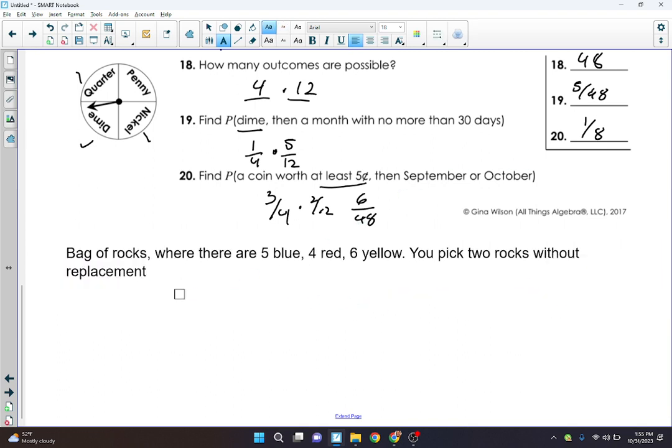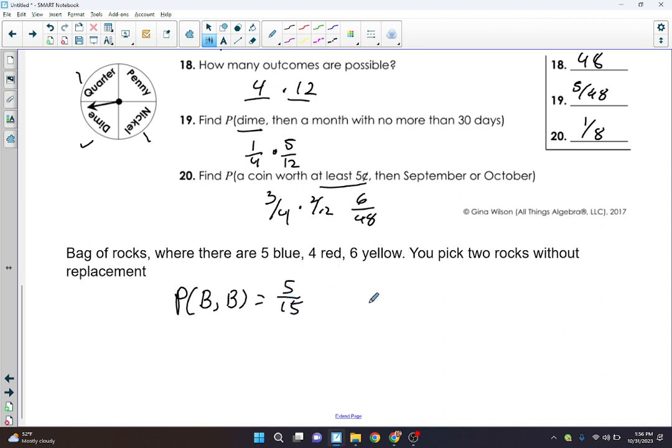So if I ask you what's the probability of getting blue, then blue, okay? In this scenario, I would have 5 blue out of a total of, if you add it up, 15 rocks. But the second time I pick a blue, I didn't put the blue rock back into the bag, right?